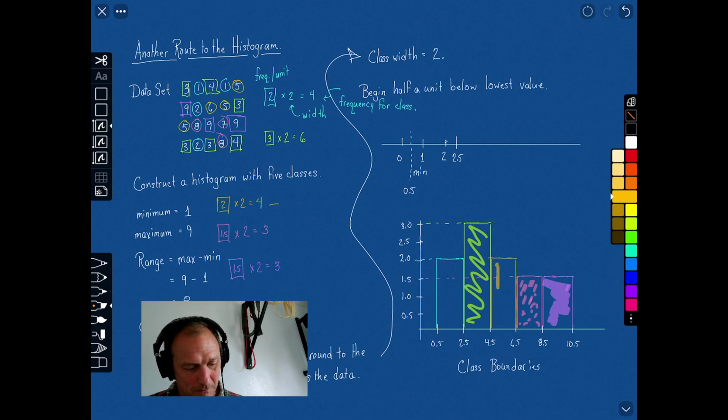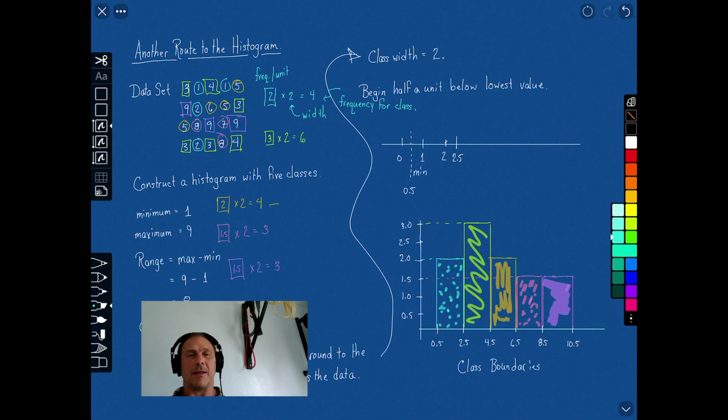It's this one. And the blue group, the first one we made. It's always the first one. It's near and dear. There's our blue group. And that is how we would construct our histogram without any of the other information. Puts it all into picture. This is kind of the algebraic route, and the other one would be the graphical route. I hope that helps, and thanks for watching.